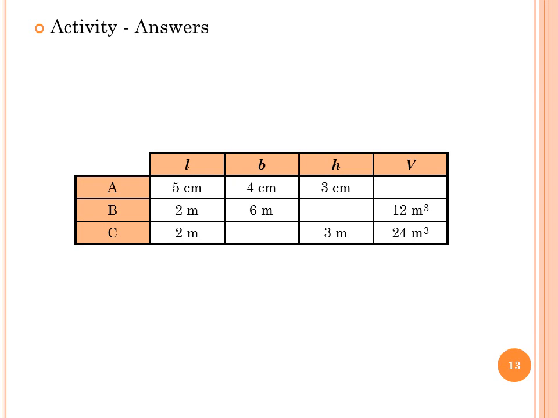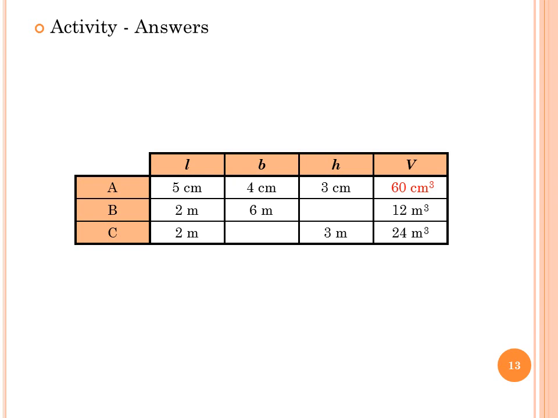Let's see the answers now. In container A, length, breadth and height are given. We have to find the volume. So we can apply the formula V equals LBH. So 5 into 4, 20. 20 into 3, 60. So the volume is 60 cubic centimeters.